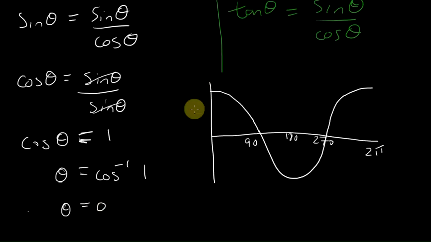This is representing theta, so we've got 90 and 270. They're the values.